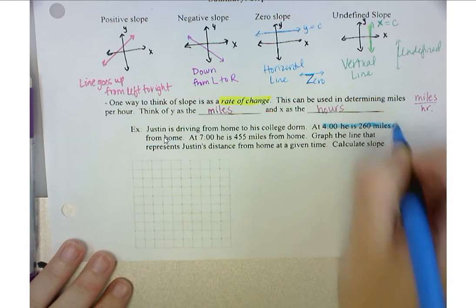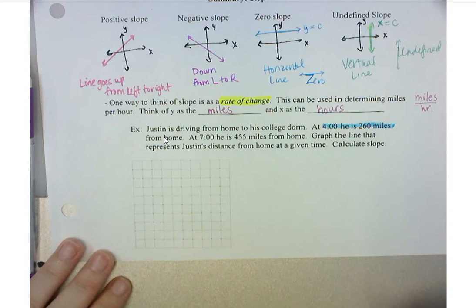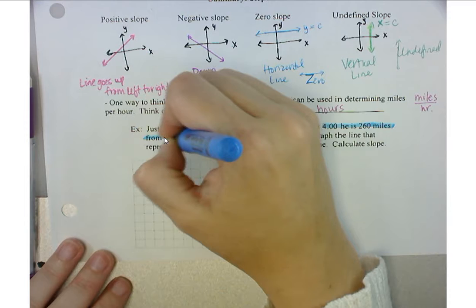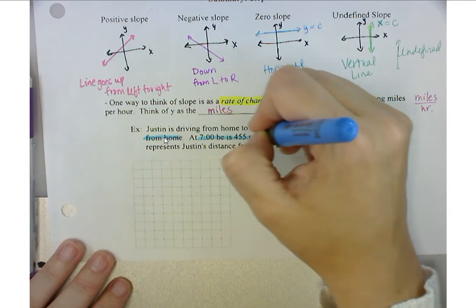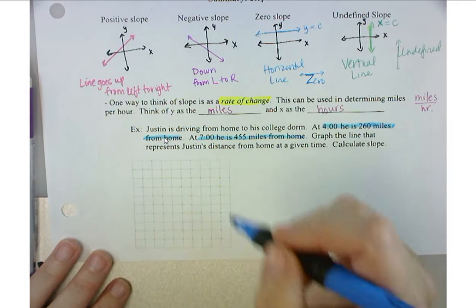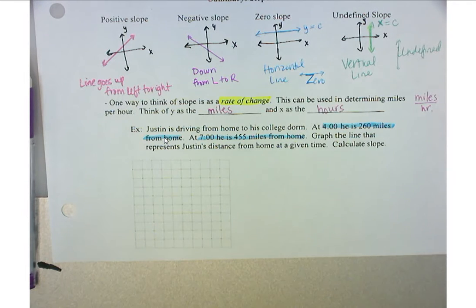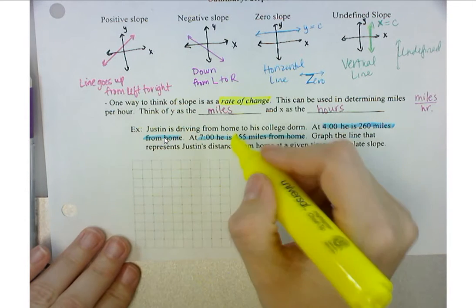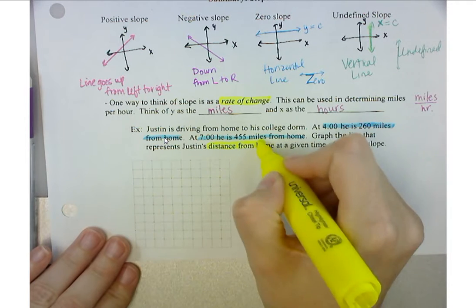Okay, so I'm just going to highlight some of the important information they gave us. 4 o'clock, he's 260 miles from home. 7 o'clock, he's 455 miles from home. So we're graphing the line that represents his distance from home at any given time, and then we have to calculate the slope as well.